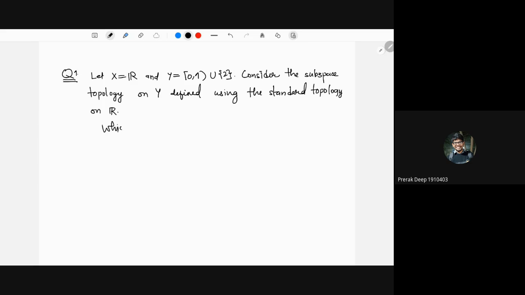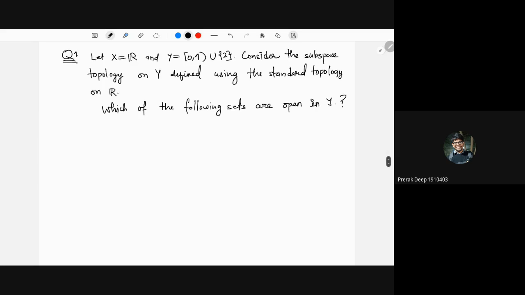Then the question is, which of the following sets are open in Y? Option A, closed half, open one.